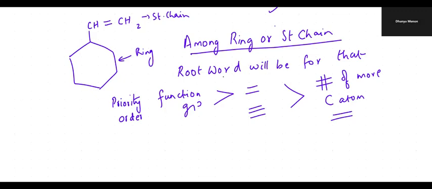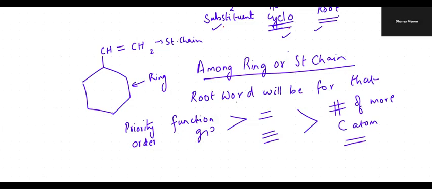Okay, over here, there's no functional group, but there's a double bond. So definitely this is our root word, and this will become our substituent. This will become our main chain. Why? Because there's no functional group, but there's a double bond. If functional group is not there, go with the next priority, double or triple bond.